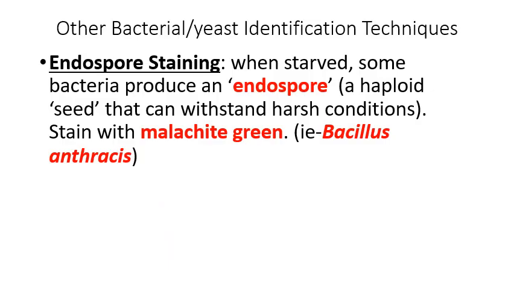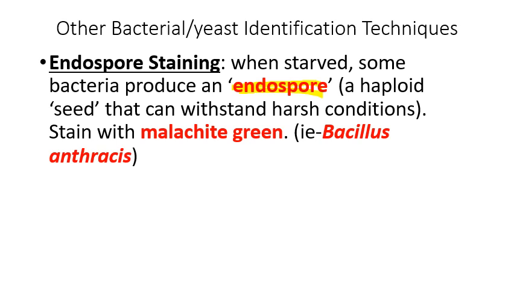Okay, now there are some bacteria, usually some of them are quite dangerous, that produce little seeds. Seed is a bad word, but they produce little tiny seed-like things called endospores. Of course, the word endo means inside, and the word spore specifically refers to haploid germline cells. So you know that angiosperm plants produce seeds, and a seed is actually a diploid thing.